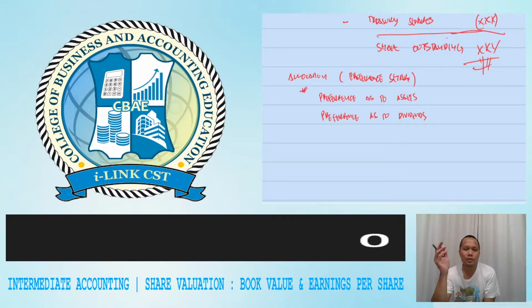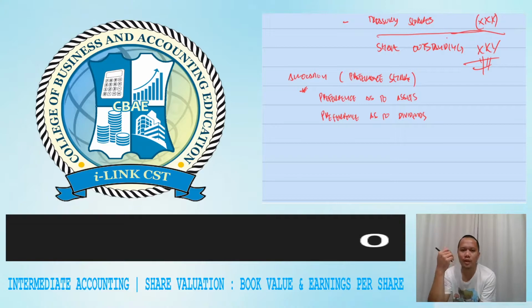So that is preference as to asset. So when it comes to computation of book value per share, if the particular preferred stock or the preference share is considered preferred as to asset, automatic yung other items, okay?